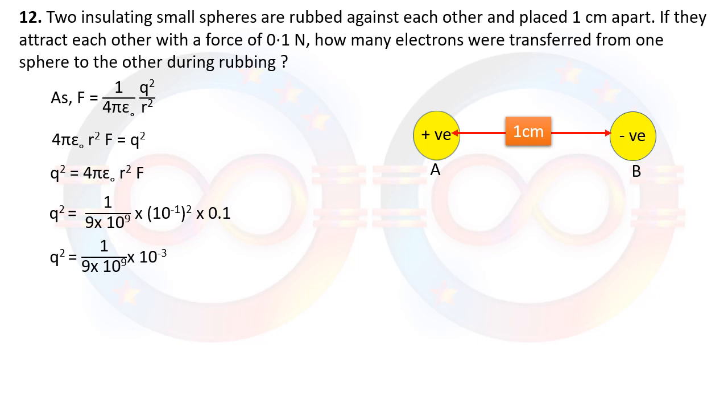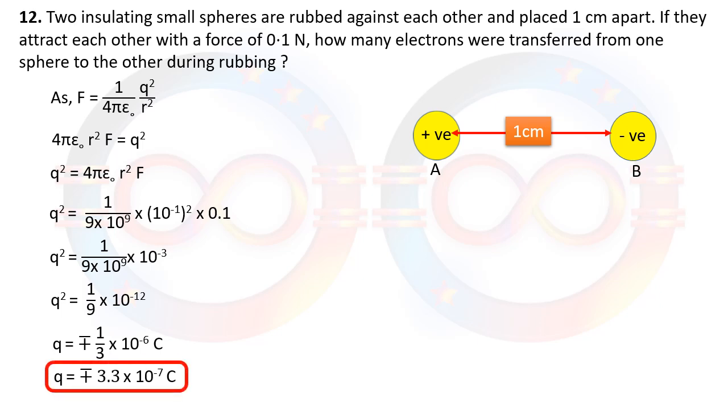After simplifying, we get Q² as (1/9) × 10^-12, and Q is ±(1/3) × 10^-6 coulomb, or 3.3 × 10^-7 coulomb. After taking this value of charge, we can apply quantization.